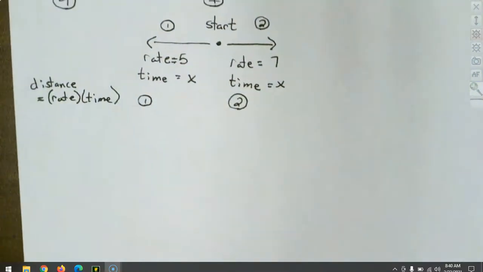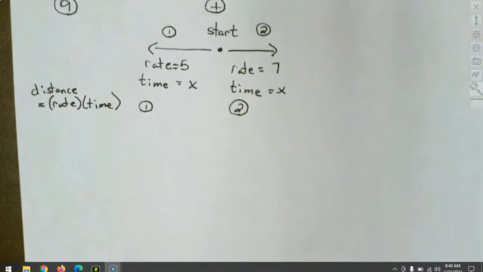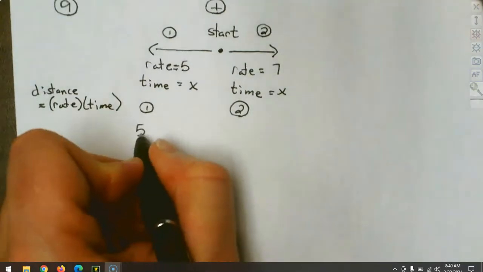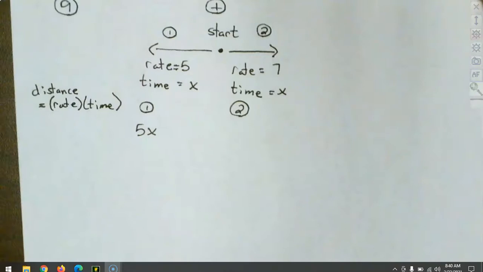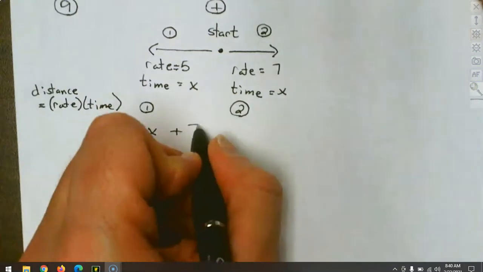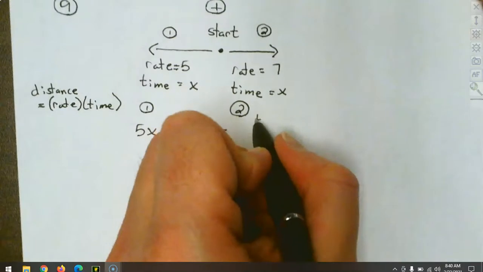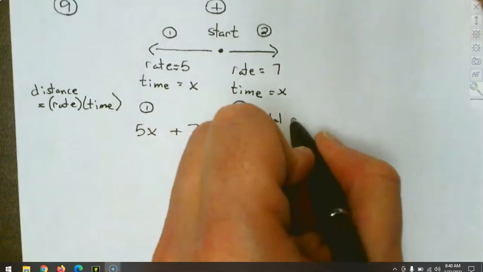So what do we know on our first one? Our first one, rate of speed is 5, time is x. So that's going to be 5x here. What about the second one? These are going to add together. So that's going to be 7x, and then we need our total distance.